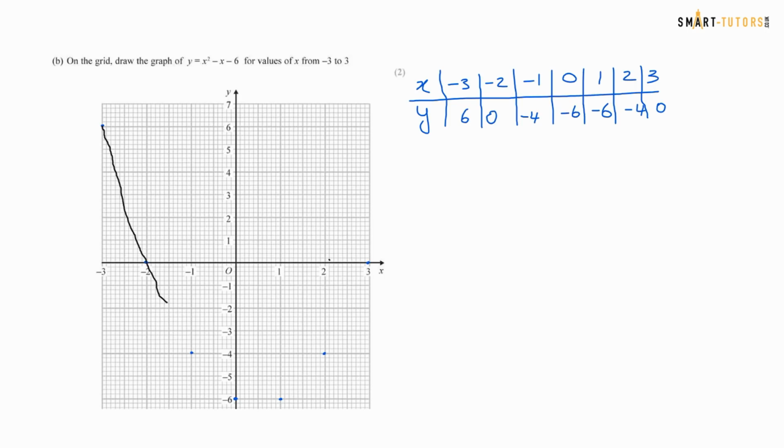So when you have the correct pen, as long as you draw a smooth curve, not straight lines. That's it. So that is the sketch of the curve.